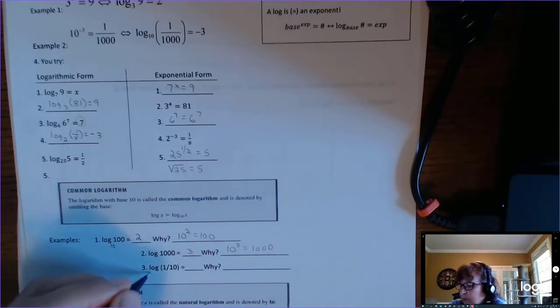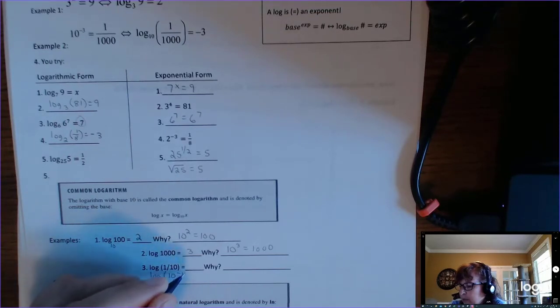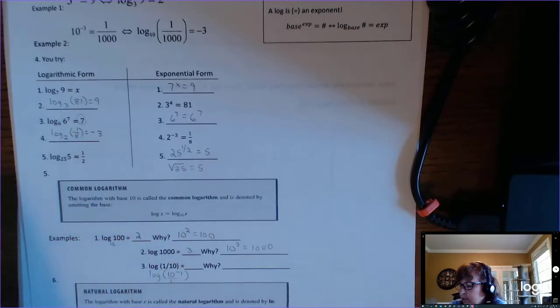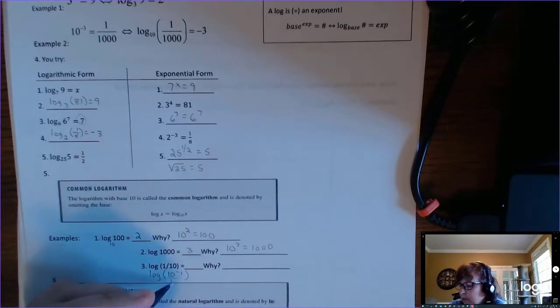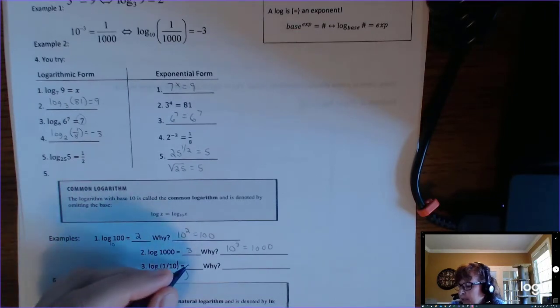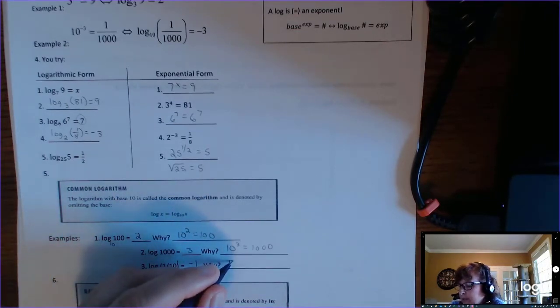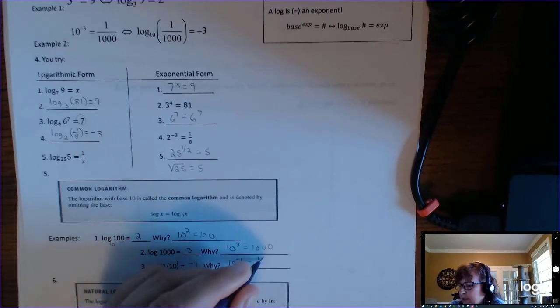The log of 1/10, well, you can use a negative exponent and pull that 10 from the denominator up to the numerator. When it moves from denominator up to numerator or vice versa, the exponent that was there becomes a negative. So the log of 10 to the negative 1 is negative 1, because 10 to the negative 1 is 1/10.